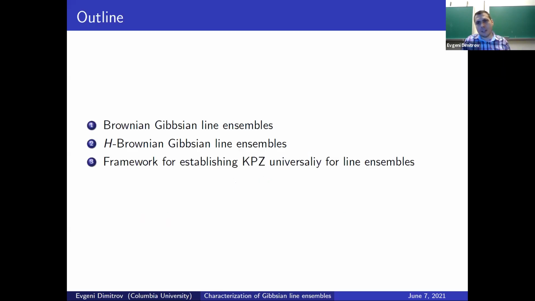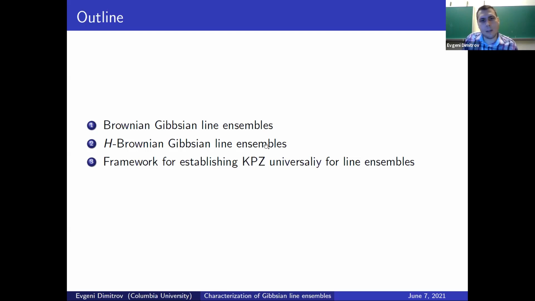So today I will discuss a couple of recent results that characterize Gibbsian line ensembles by the distribution of their top curve. I'll start by formulating a zero temperature version of the problem. There the objects are called Brownian Gibbsian line ensembles, so I'll tell you what these things are, give you a few examples of these objects, and then formulate a certain characterization theorem for them.